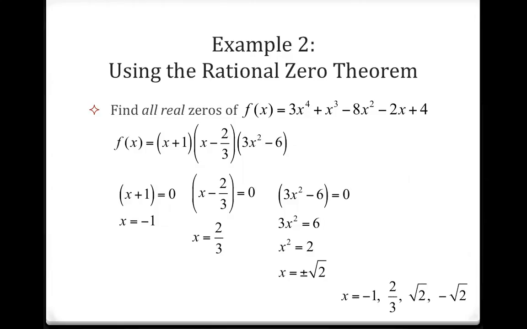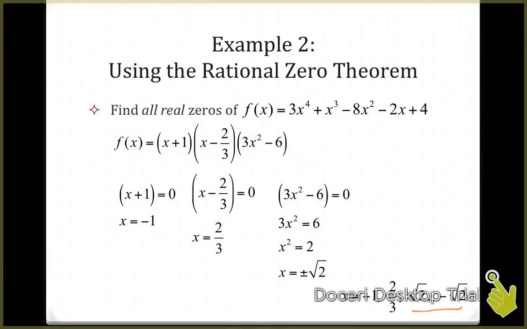And so those are my zeros: negative 1, 2/3, square root of 2, negative square root of 2. Now in this case, the square root of 2 and the negative square root of 2 are okay if I'm looking for real zeros, along with my negative 1 and my 2/3.